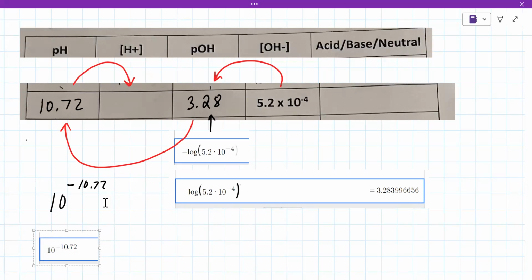I got 1.9 times 10 to the negative 11. Perfect. Very good.